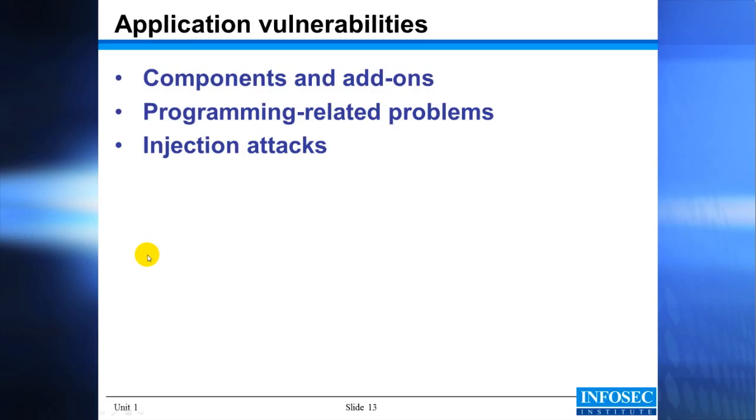Another deliberate method of compromising a system is injecting malicious instructions or malicious code into these applications. There are many different types of injection attacks.